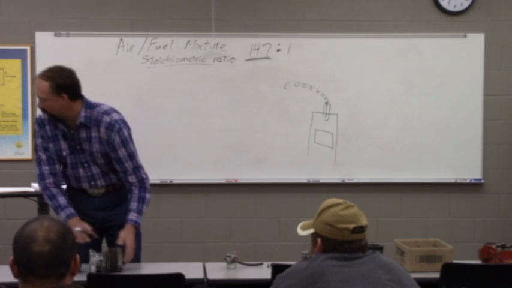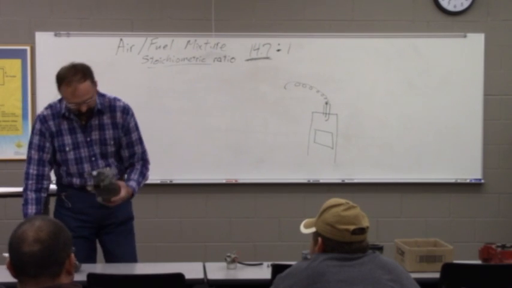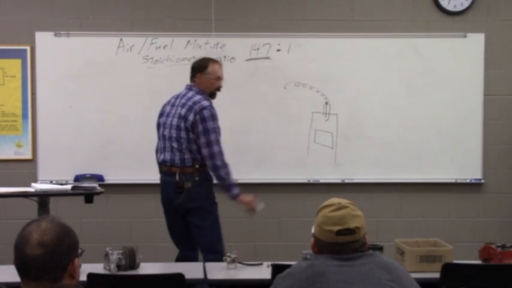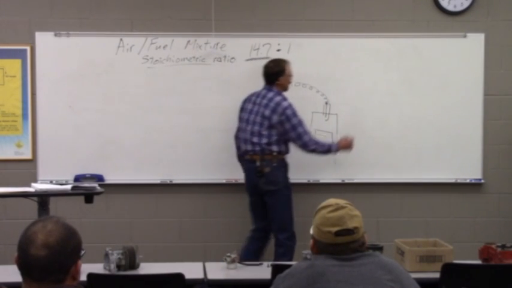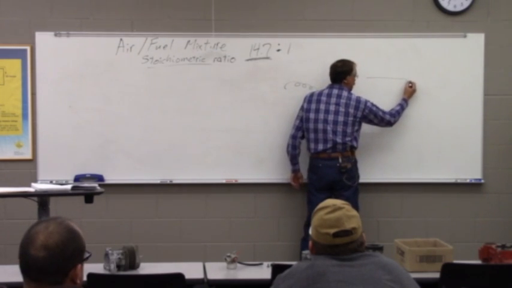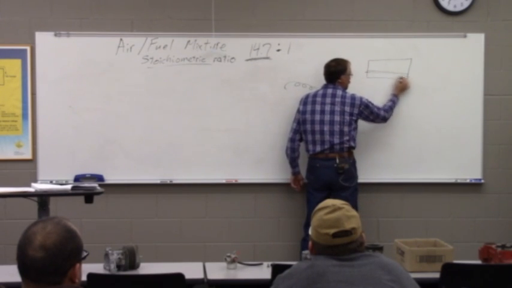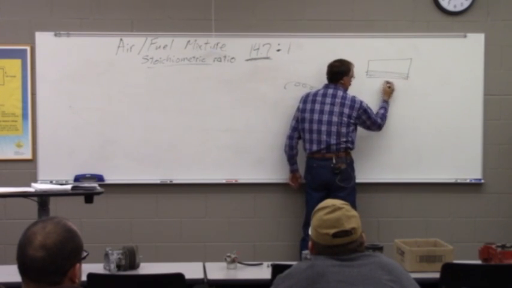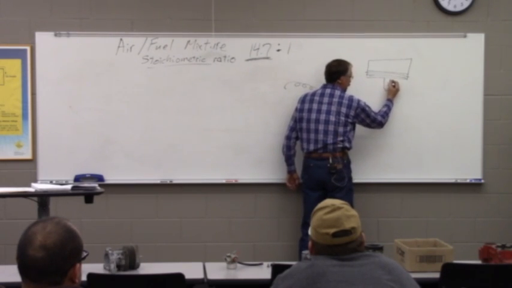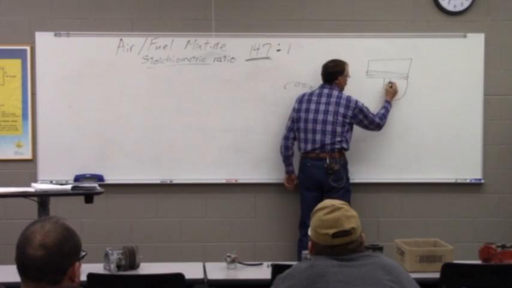I thought I had one of these where it would screw out, but it's gone. At any rate, I hope most of you are familiar with what a spark plug looks like. Drawing it in giant scale, you're going to have the metal section here. That's what screws into the engine. You're going to have a center electrode that sticks out kind of like this. And then we're going to have what's called the ground electrode over here.